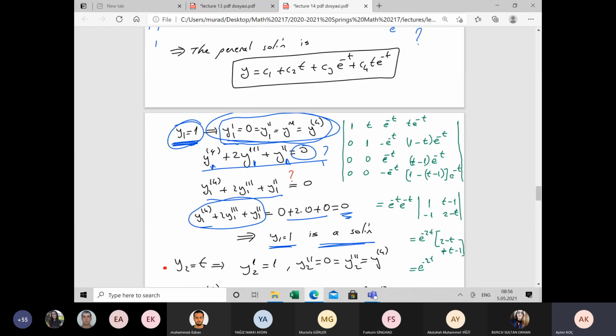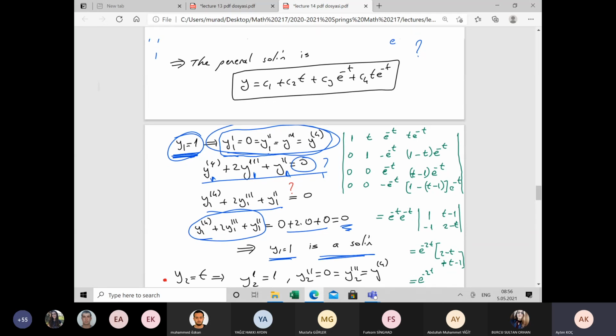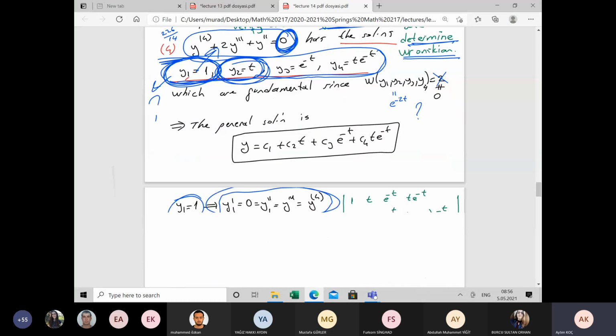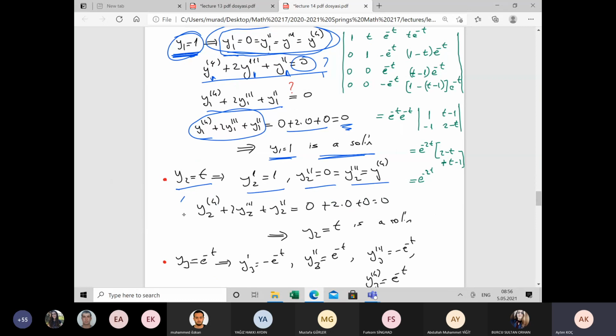The next one, the second function, is the second solution of our differential equation. So compute the derivatives and substitute y sub 2, which is t, and all its derivatives into our equation. So we obtain 0, which means t is a solution of our differential equation.